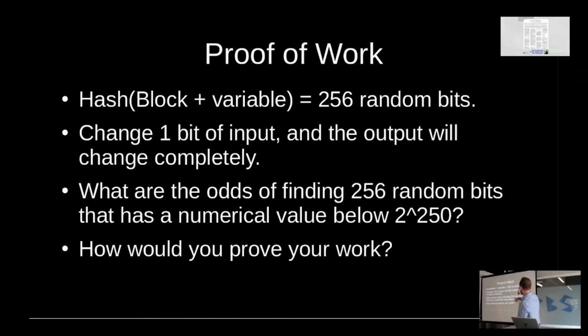So then what are the odds of doing this and you finding a value that's below 2 to the power of 250? So a number of preceding zeros. So let's say like 6 zeros. So you have these random numbers that are spitting out here. We keep changing this variable. We keep getting new random bits. What are the odds that you get a set of random bits that have 6 zeros in the front?